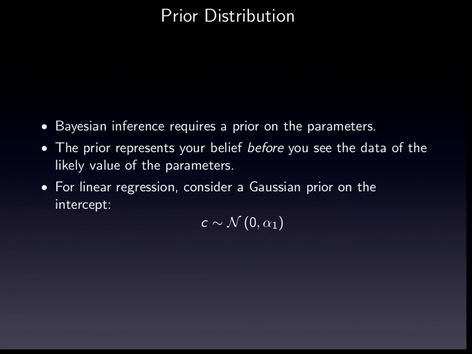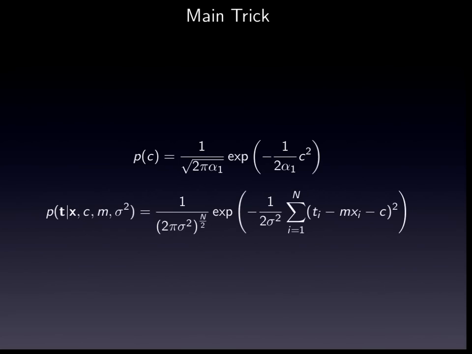So let's assume that the intercept is drawn from a Gaussian density with a parameter alpha, giving the variance. So that's our prior density. P of c is just a Gaussian. No mean, so we just get c squared. The likelihood, and here I've put all the parameters in.